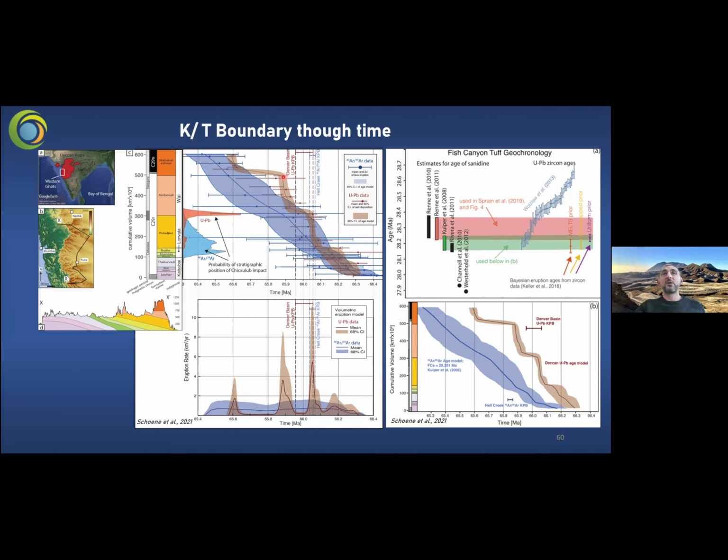And these are the uranium-lead ages that have been produced by the group of Schoene. You can see that in the case of argon-argon, you have huge uncertainties. This is solely due to calcium correction. The uranium-lead seems to indicate very distinct pulses of volcanism.